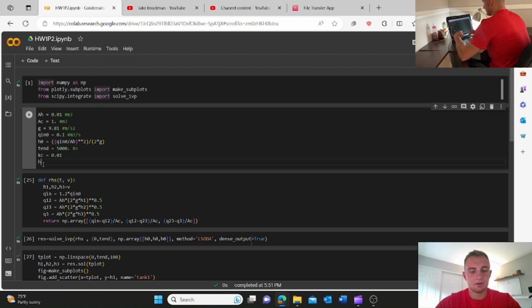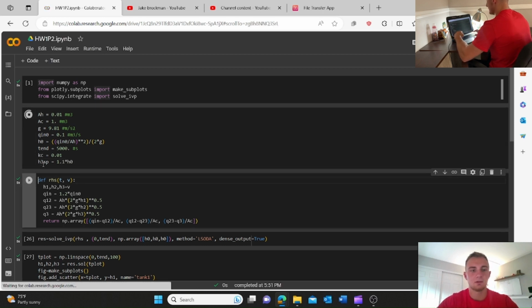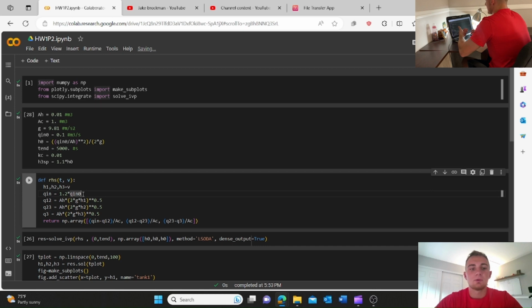And here we can set our set point. Again, we want to increase the height of the third tank by 10%, so 1.1 times the initial steady state height. Then we need to manipulate the flow rate to help us get to that set point.